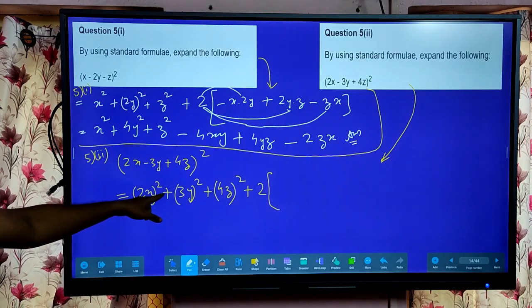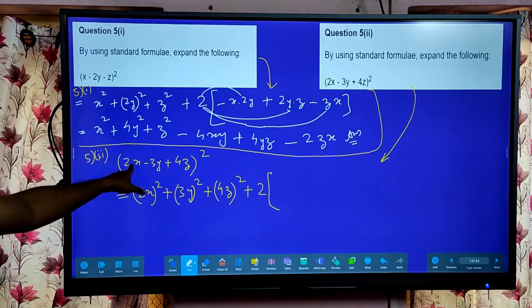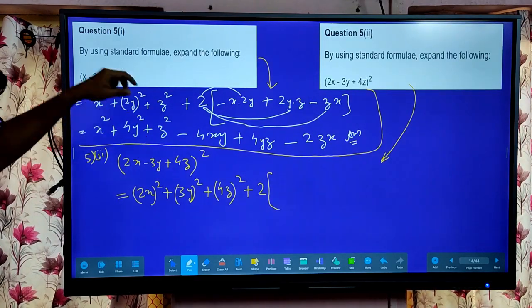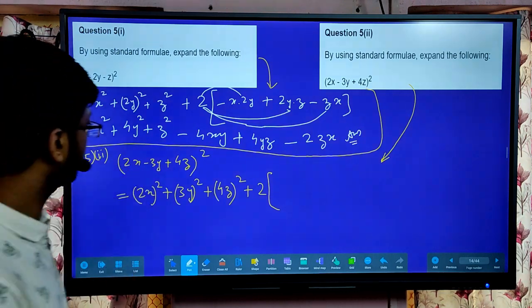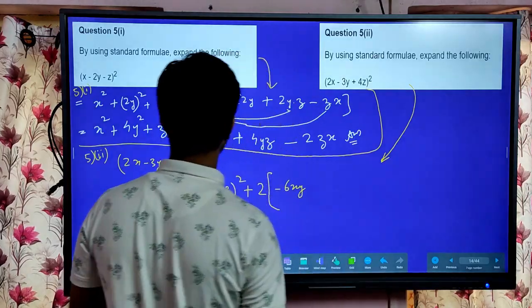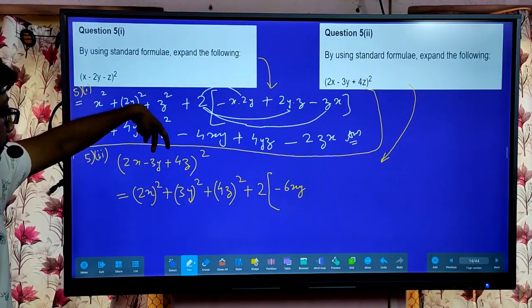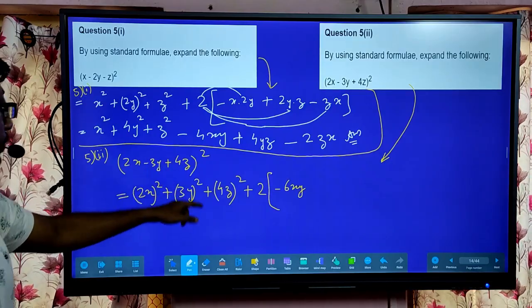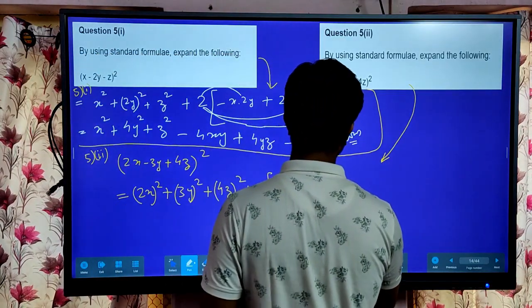So it will be 2x. See the sign over here, 2x minus 3y, AB. So it will be minus 6xy. Then BC, plus minus is minus, 12yz, minus 12yz.